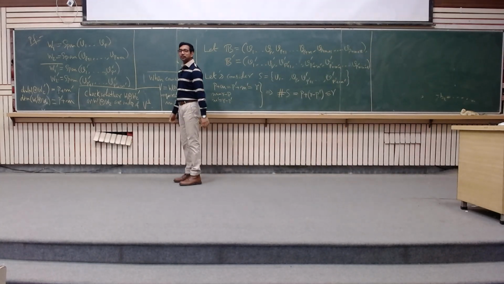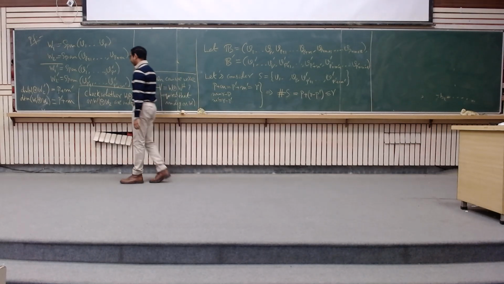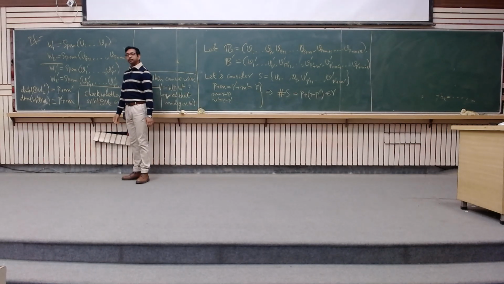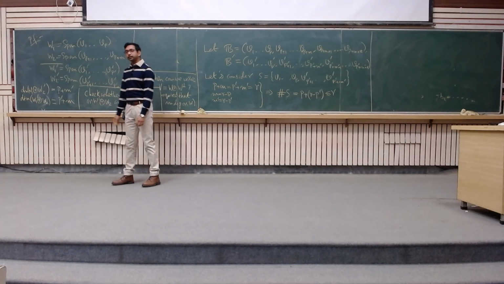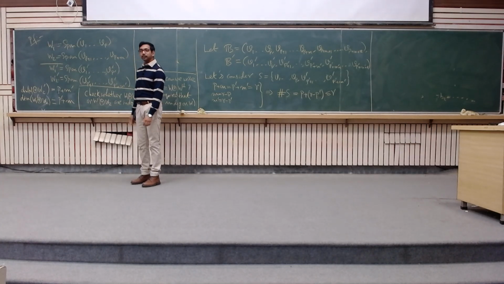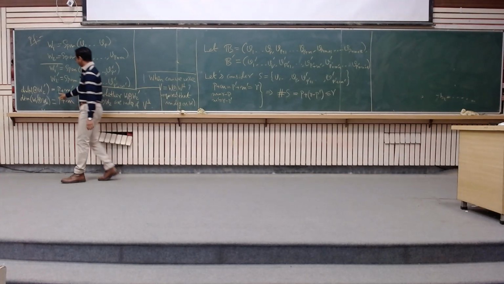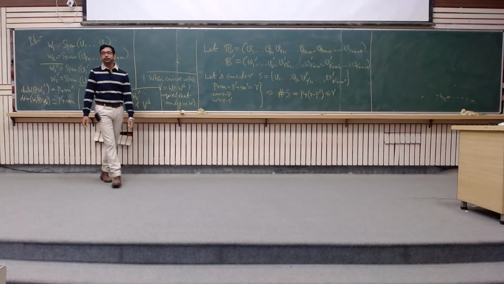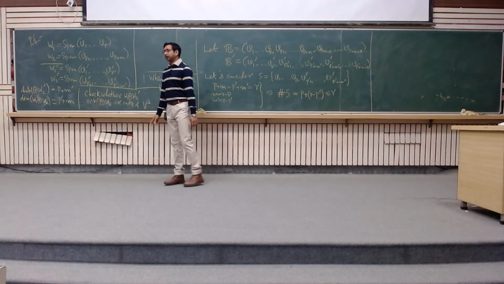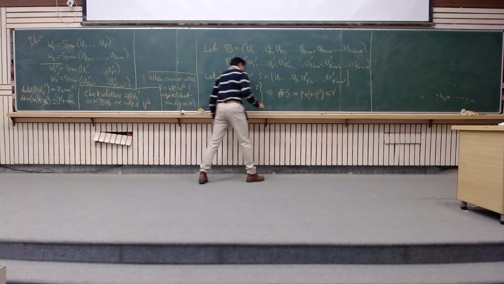I claim that if I consider the space W1 direct sum W2 direct sum V1, I know that they are related. Okay, just a minute. I will write down what you are saying.